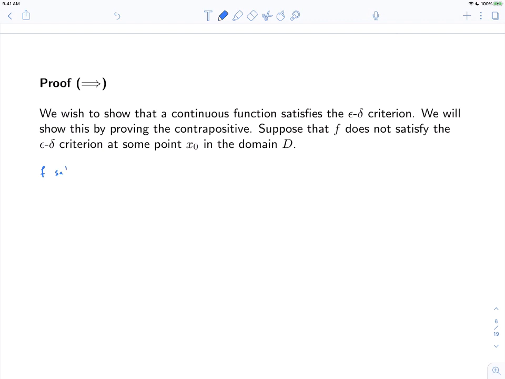f satisfies the epsilon delta criterion at x naught in D, provided, well, let's write it down.